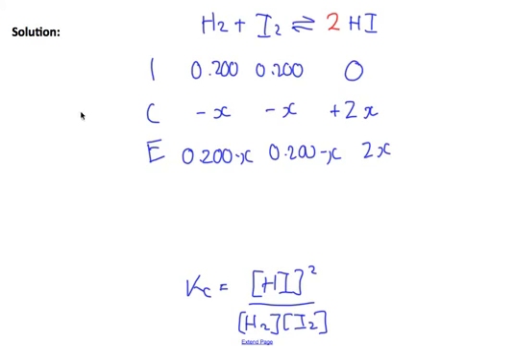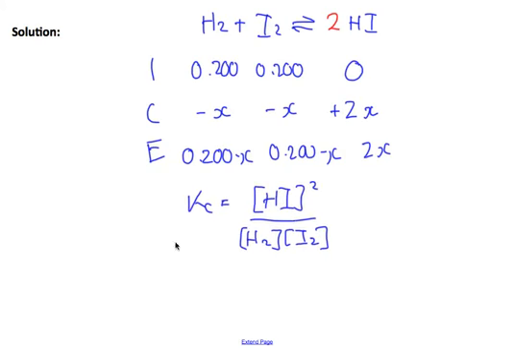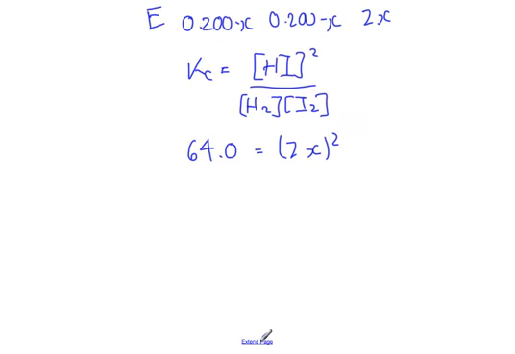So once again, we're going to plug this into our equilibrium expression. There's our equilibrium expression, and so Kc was 64.0, HI is 2x squared times 0.200 minus x, 0.200 minus x. So there's our equilibrium concentrations into our equilibrium expression.